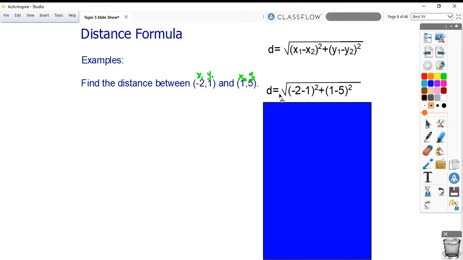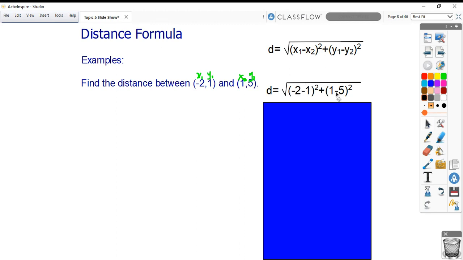Okay? If you wanted to just stop right here and punch all of this stuff into the calculator, that is a perfectly reasonable thing to do, and you are absolutely allowed to do that. However, I do not recommend it because your negative signs and your minus signs are so easy to mix up.